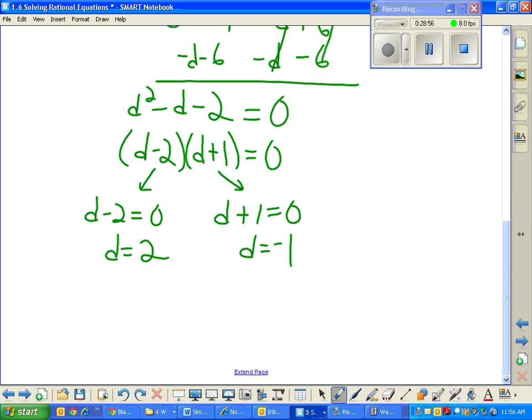At the very beginning of the chapter, I made you do domain of a variable. We talked about it for 3 types of functions: polynomial, radical, and, oh yeah, rational. Remember, for a rational function, there's a rule that you have to follow with regard to the domain. Does anybody remember that rule?